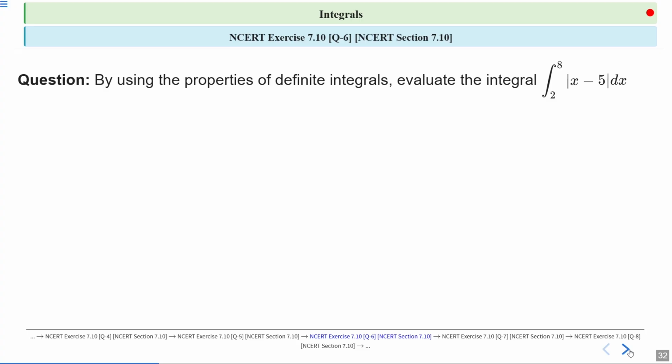Now question number 6 is, we need to find the value of the definite integral from 2 to 8 of mod x minus 5 dx.